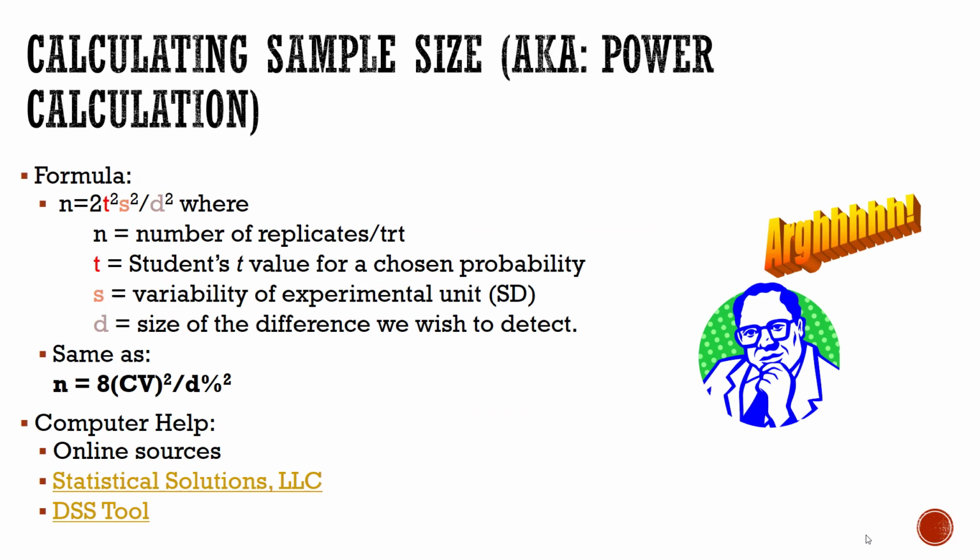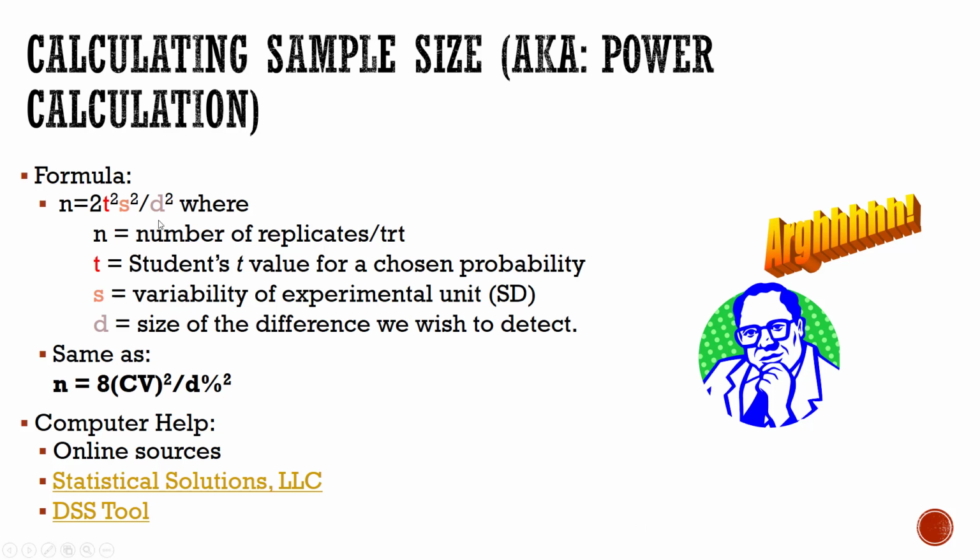And so when we are calculating sample size, we are going to use a power calculation to do that. And so I wanted to give you guys the big ugly formula just in case you ever need this later on down the road if you go into a research discipline at all.